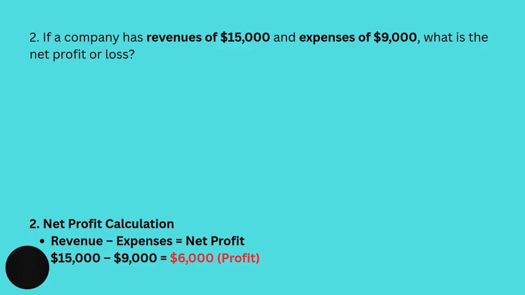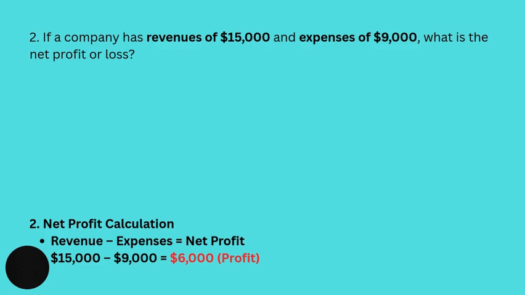So calculating this gives us $15,000 minus $9,000, which equals $6,000. This means the company made a profit of $6,000. Understanding this concept is crucial for assessing a company's financial health.